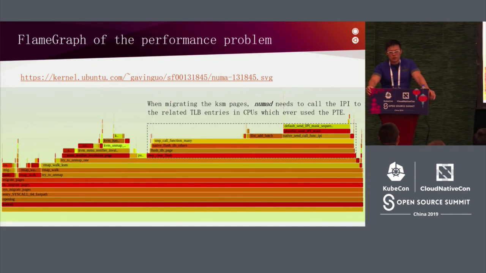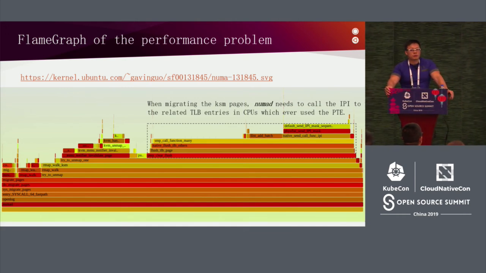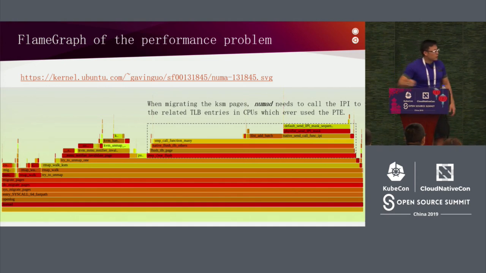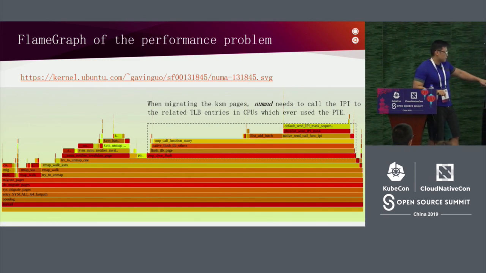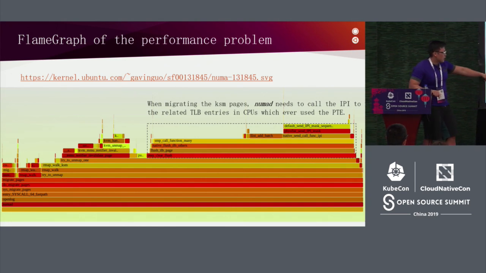About this performance issue, like Brendan Gregg, they have done the CPU flame graph. When the TLB is flushed, you can see the new ID. You can see the migrate pages, and these are the key points.